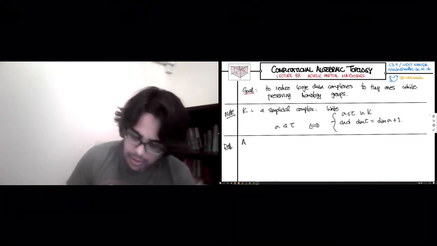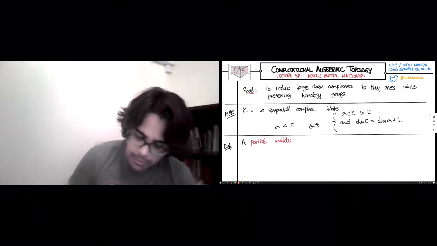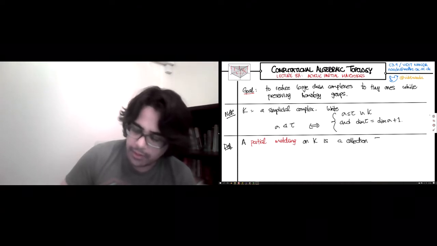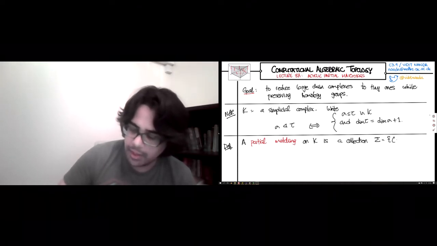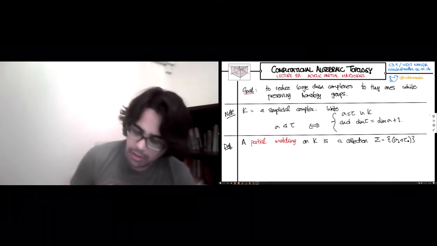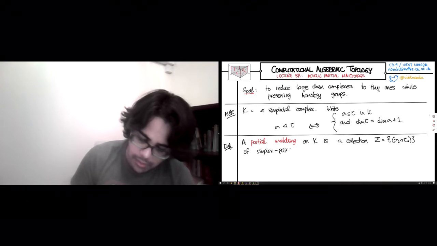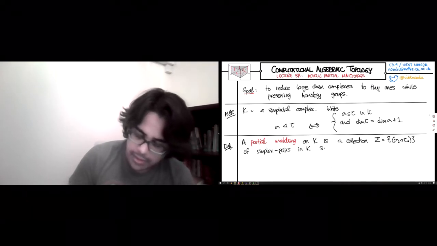A partial matching on K is a collection, I'll write it this way, so big sigma and then some indices for its contents, of simplex pairs in K satisfying the following condition.